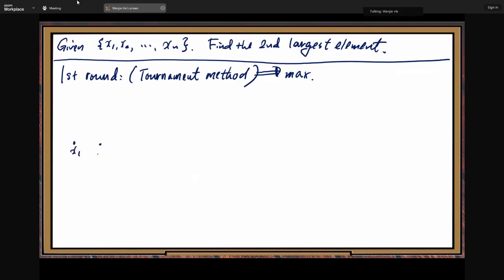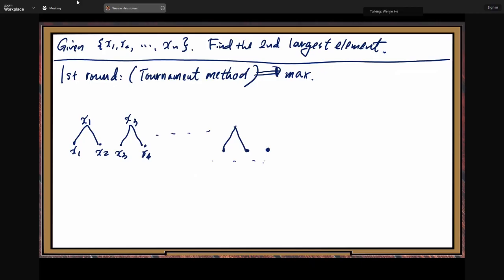X1, X2, the first round. Let's assume X1, X3, X4, and so on. The last two, it's hard to specify, but we can arrange.